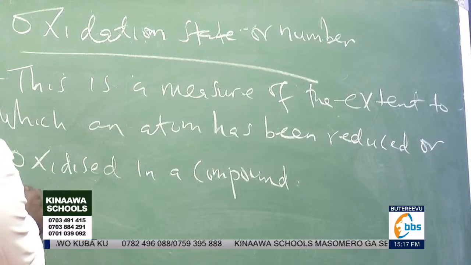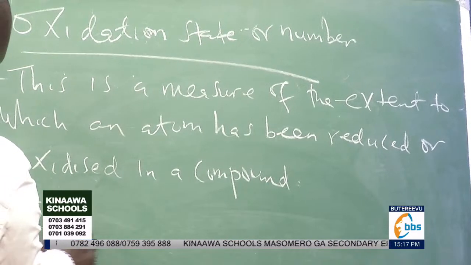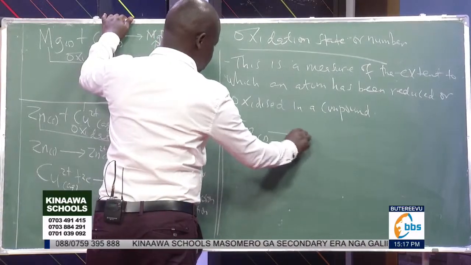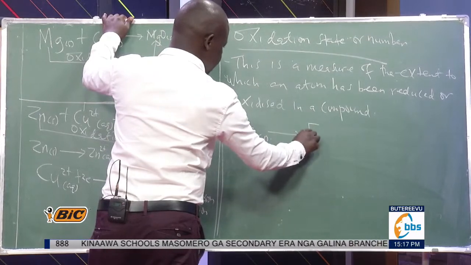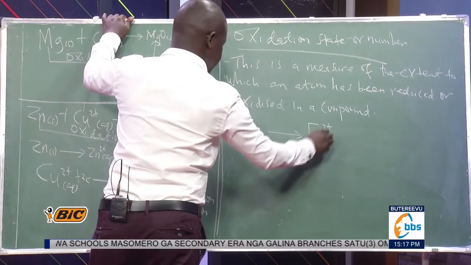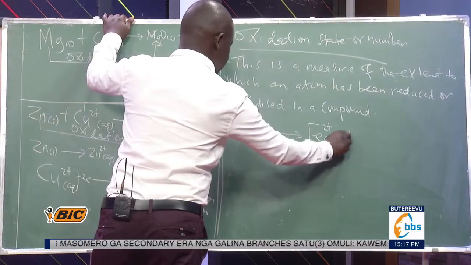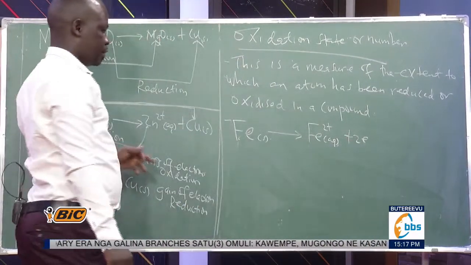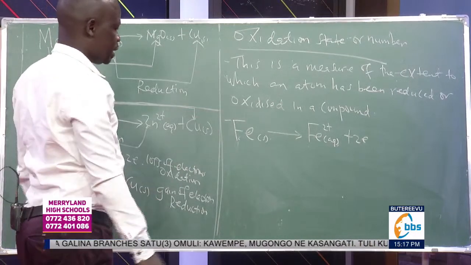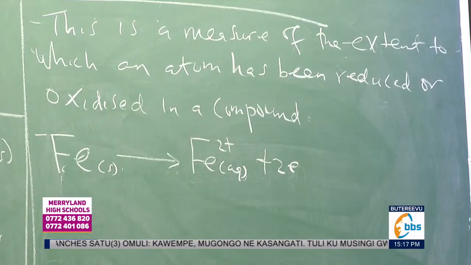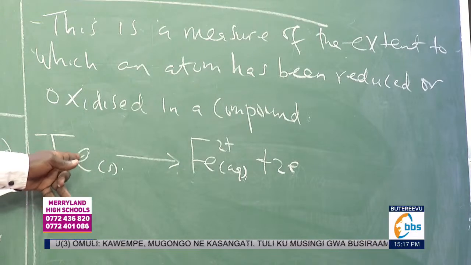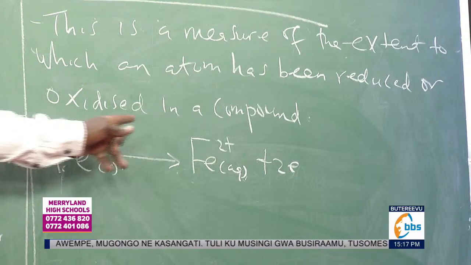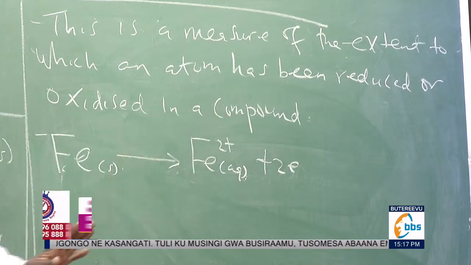When you have iron solid, it loses electrons, sorry. We form iron 2 plus 2 electrons. So in this case, this iron metal has been oxidized to iron 2 by losing 2 electrons.